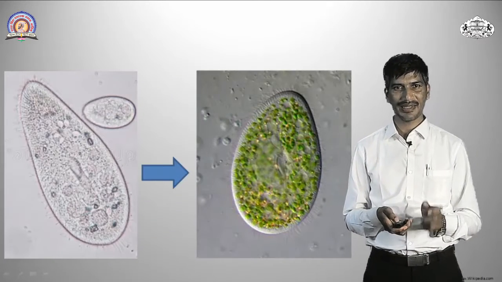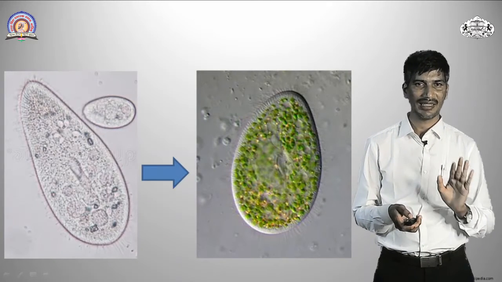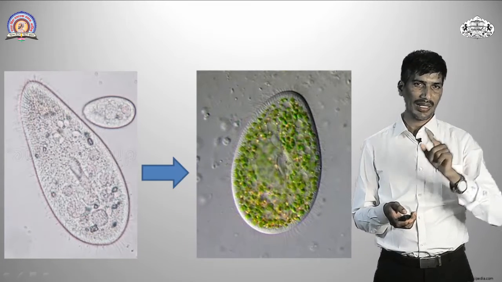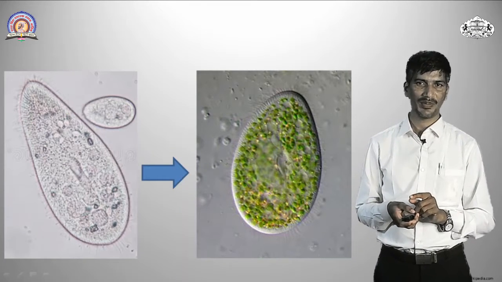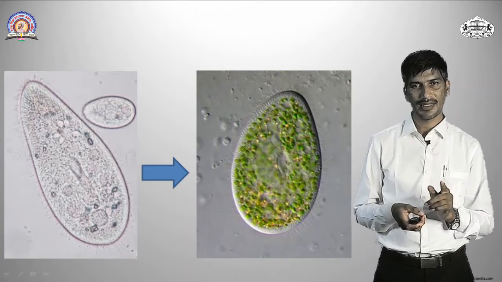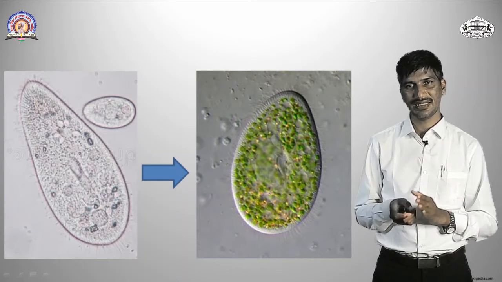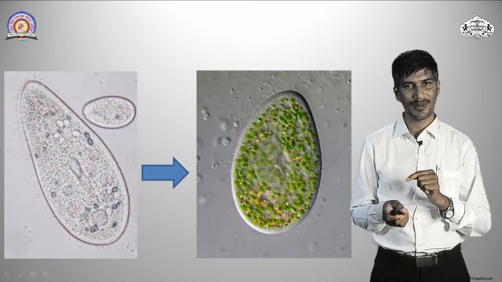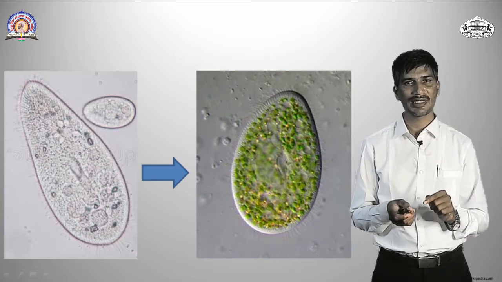In the next slide, we directly observe on the left side one organism, a protozoan animal, and on the right side we see a number of green dots, which are the multiple nuclei developed in it.